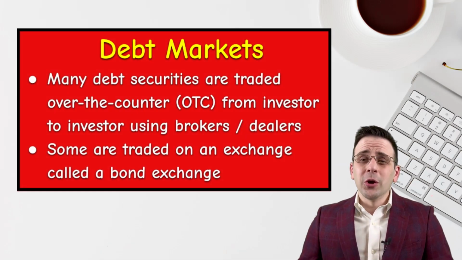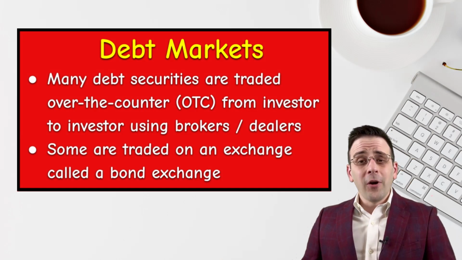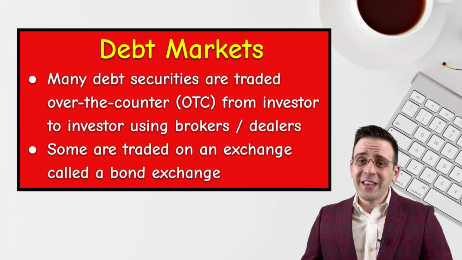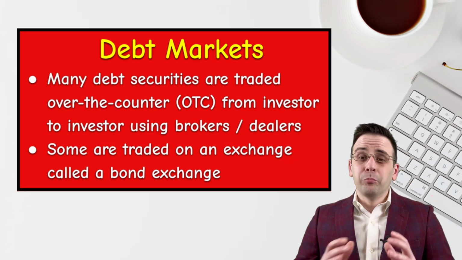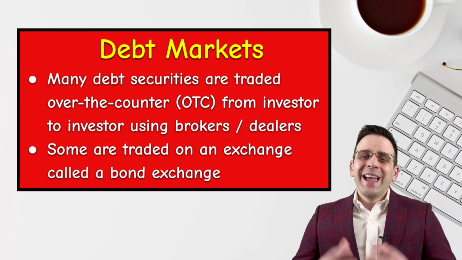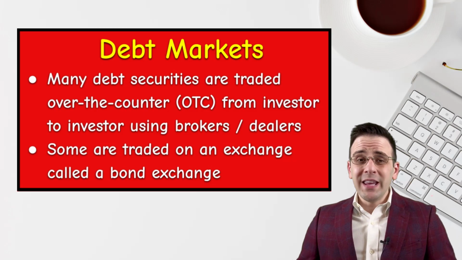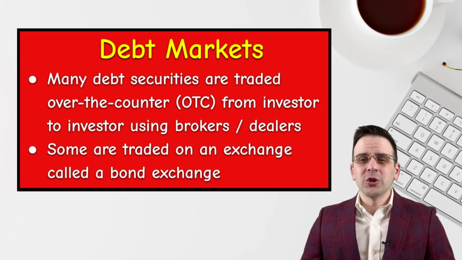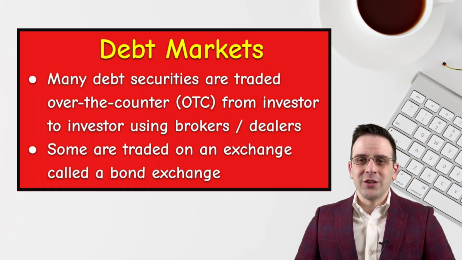Many debt securities are issued and traded over the counter from investor to investor using a network of brokers and dealers. However, some are traded on an exchange, also called a bond exchange.